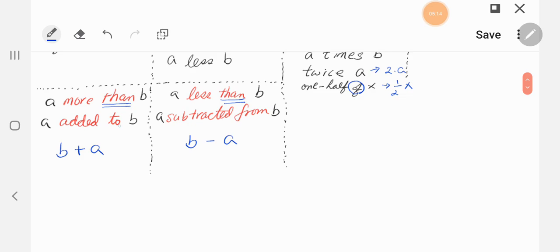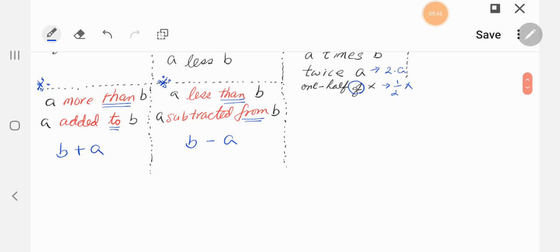And a added to b, same thing. Added to or subtracted from, then the second part comes first. This is really important. Many students are having problems with this. They're confused. So whenever we have expressions like more than, added to, less than, and subtracted from, then always write down the second number first.